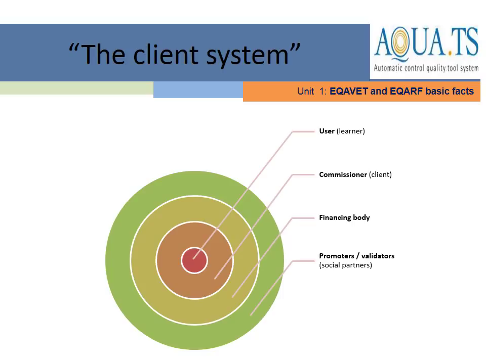Promoters or validators, internal figures to the social partners who work for the promotion and validation of projects for vocational training. Each component of the client system emphasizes a particular aspect of the overall concept of quality. In a competitive logic of the market, training providers give themselves the objective of reaching a standard satisfaction index of their services, which tend to achieve top ratings by all their client system.